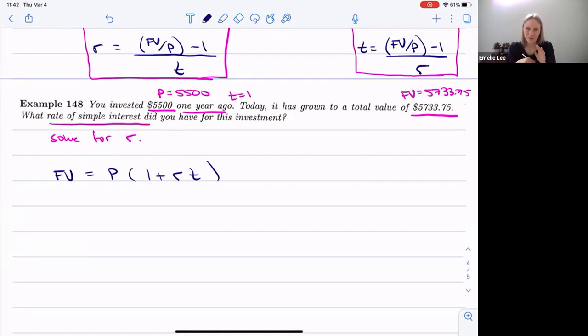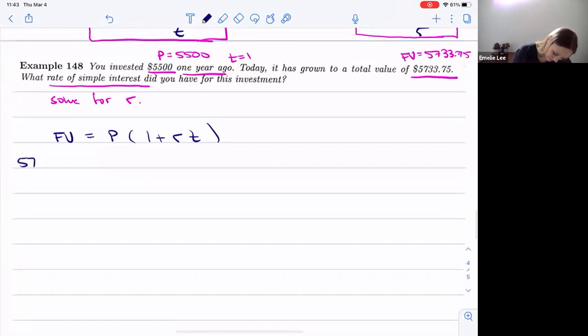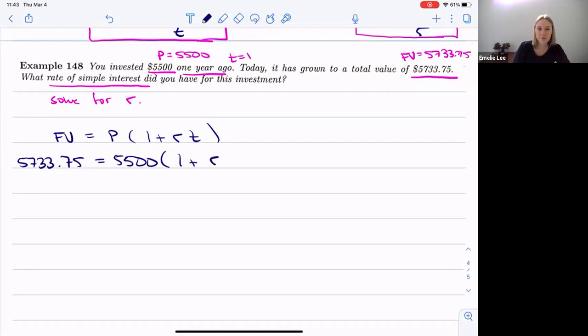But later on, we'll want to use timelines, but not for simple things like this. So now I can just plug in the values, right? Kind of a plug and chug situation here. So 5733.75 is 5,500 times 1 plus R, which is what I'm solving for, times 1, right? T is 1, making things a little bit easier.